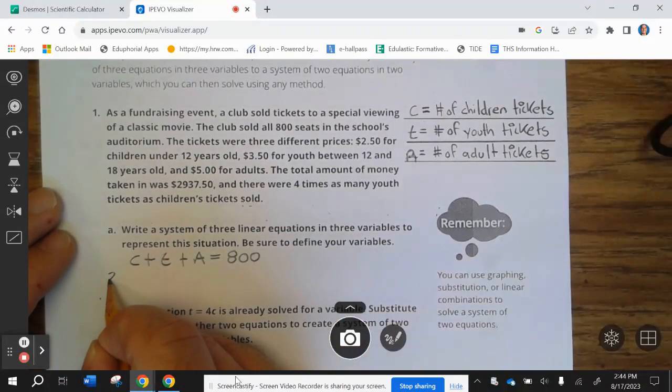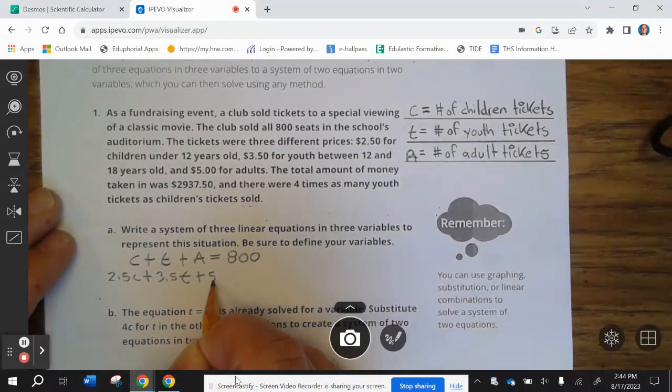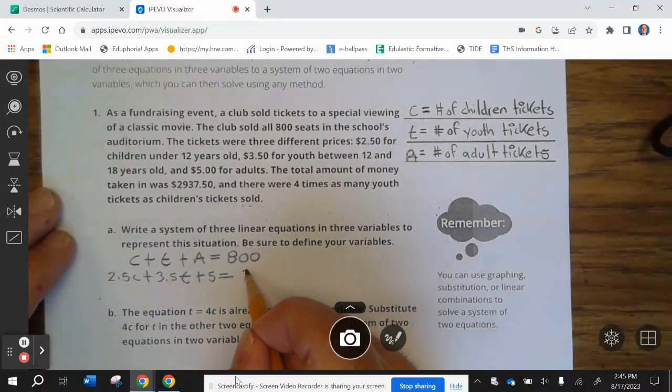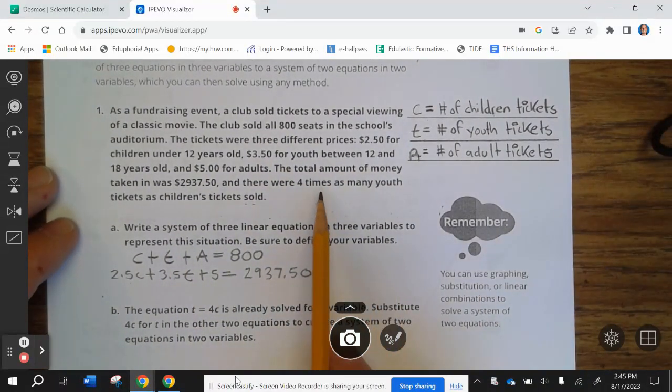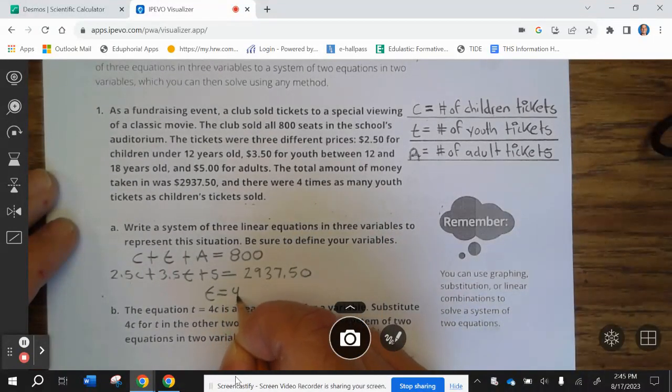Children's tickets are $2.50 plus youth tickets are $3.50 plus adult tickets are $5. Money goes with money. That equals $2,937.50. And then our last equation is that there's 4 times as many youth tickets as children's tickets. So T equals 4C.